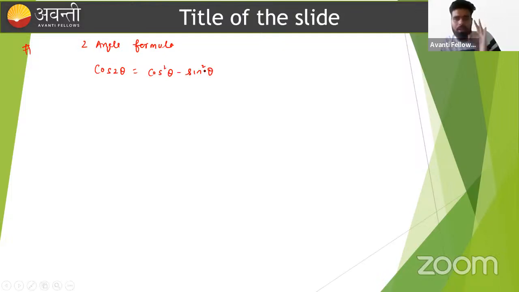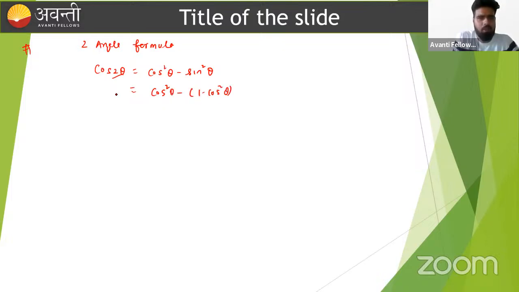Here we have to develop a relationship. If we want to find out this 2 theta in the form of only cos theta, then we have to convert sin theta in the term of cos theta. This can be written as cos square theta minus (1 minus cos square theta). So here we can say that cos 2 theta can be written as 2 cos square theta minus 1.